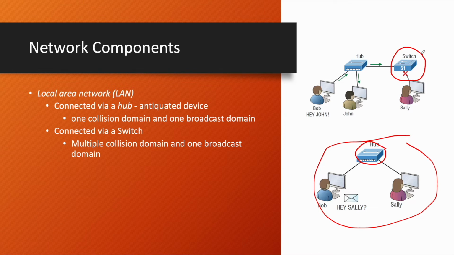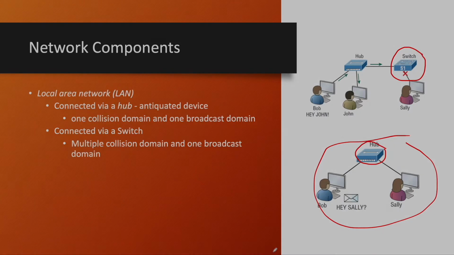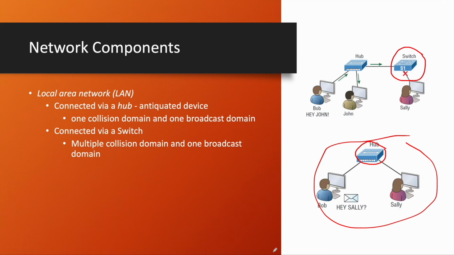This wasn't possible in a hub. A hub was a single collision domain, which means only one device can send and one device can receive at a time. This is a great start, but I really want you to know that this network is still just one single broadcast domain.